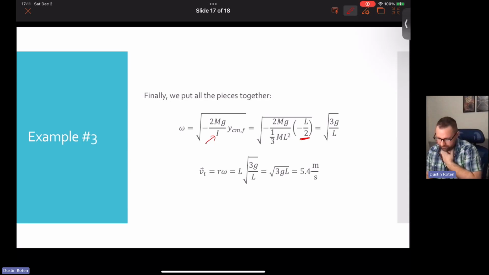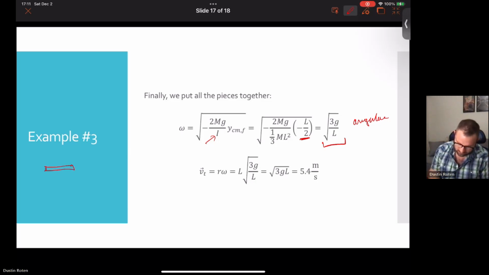And all of this actually simplifies quite nicely. So this is our omega, right? And if you take a moment and look at the units, you'll find that they work out quite well. So this is our angular velocity. But we want to know what the tip speed is of this thing as the rod falls from here to here.